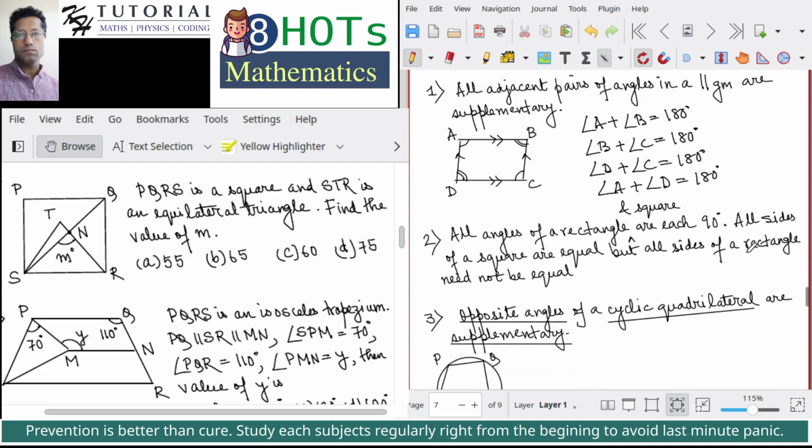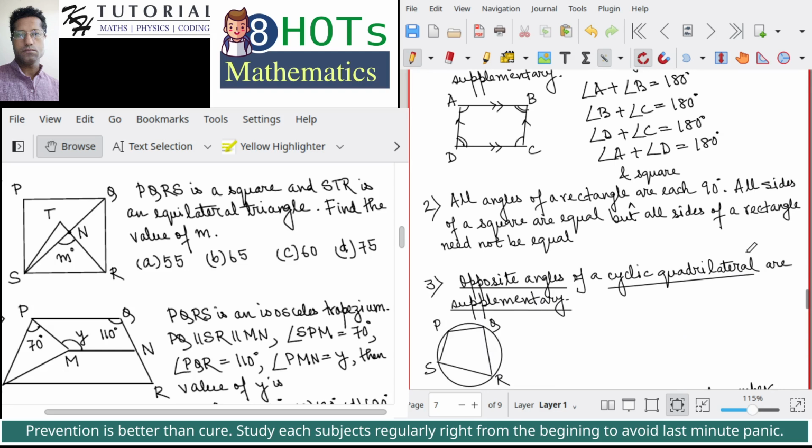The next concept is that in a rectangle and a square, all the angles are equal to 90 degrees, but in a square all the sides are equal, whereas in a rectangle it is not necessarily the case. Since a rectangle and a square are both parallelograms, obviously the pairs of opposite sides will be equal, but in a rectangle the adjacent sides are not equal, whereas in a square the adjacent sides are equal.